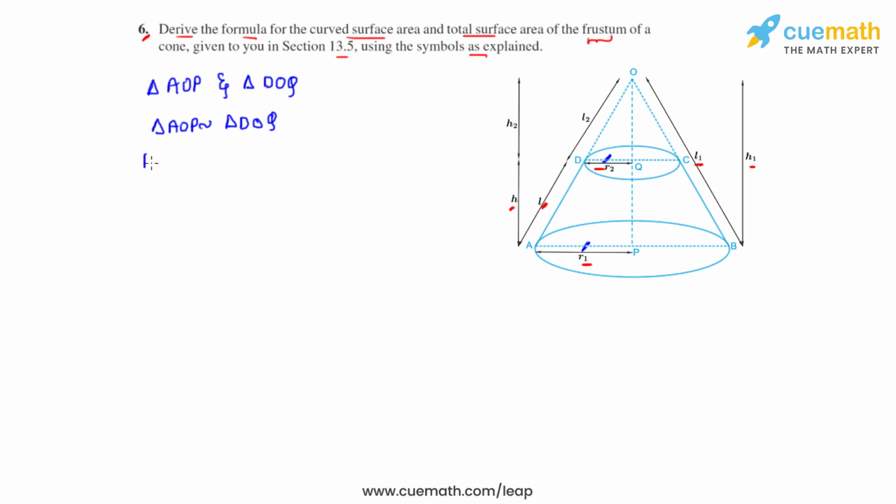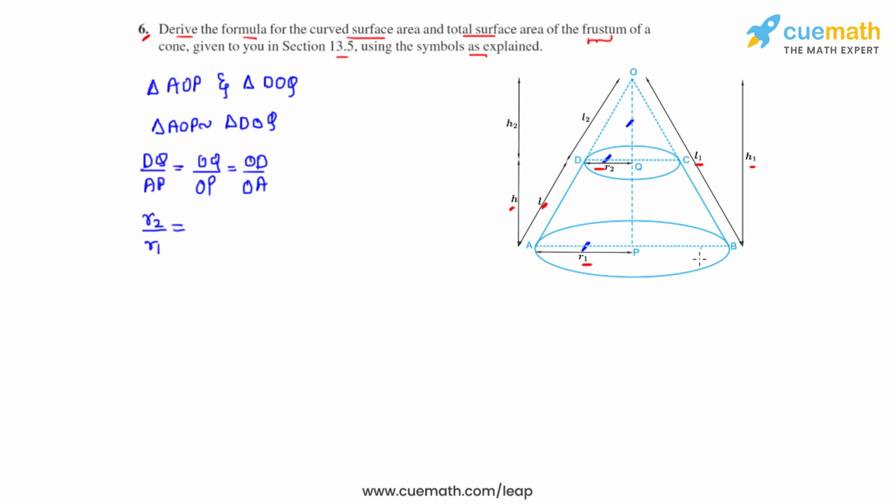So DQ by AP will be equal to OQ by OP and will be equal to OD by OA. We know that DQ is R2 as seen in the figure, AP is R1, and that will be equal to OQ by OP. OQ is the height which is left over.